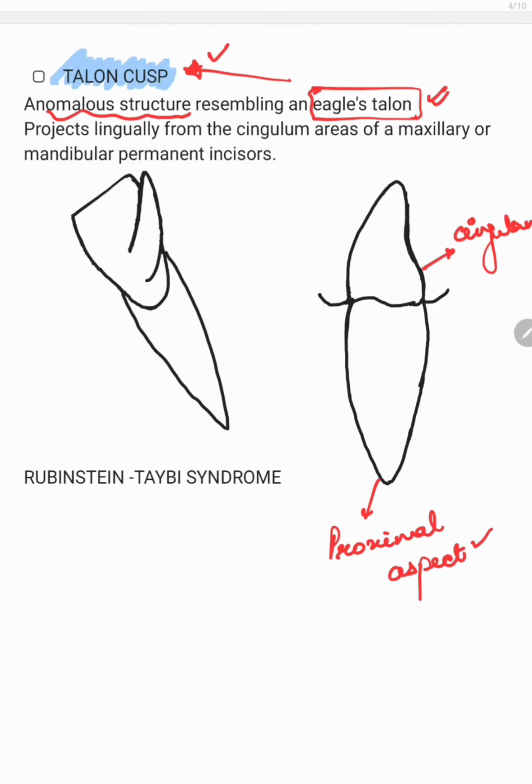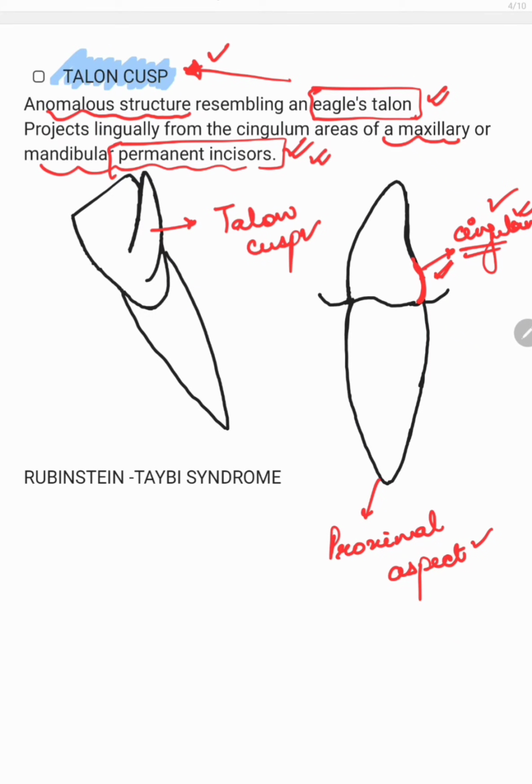In Talon cusp, there is a structure which projects lingually from the cingulum area of maxillary or mandibular permanent incisors, right?